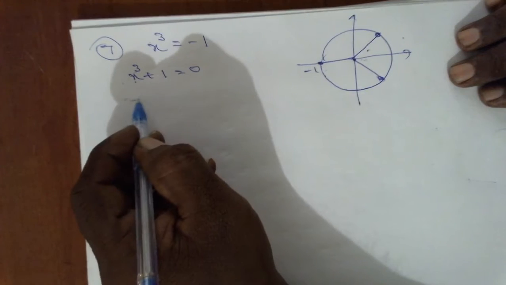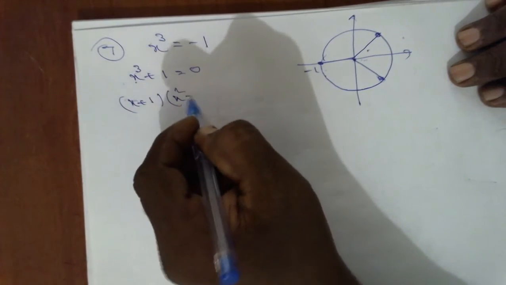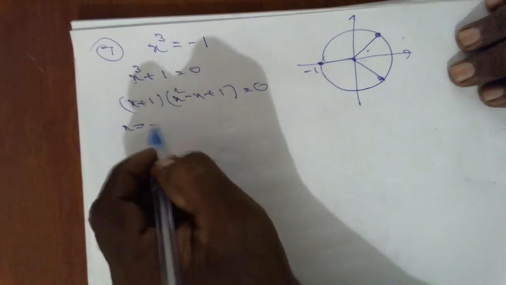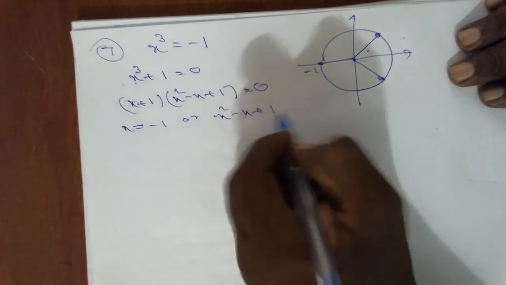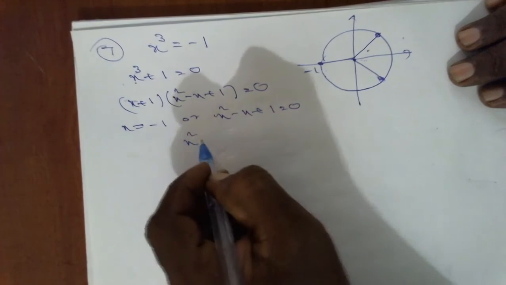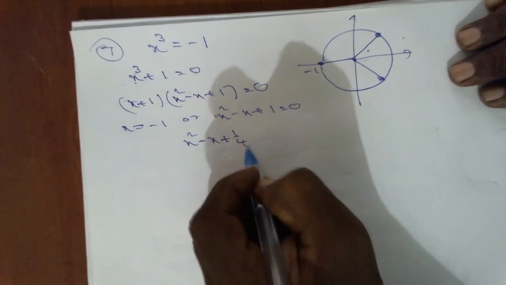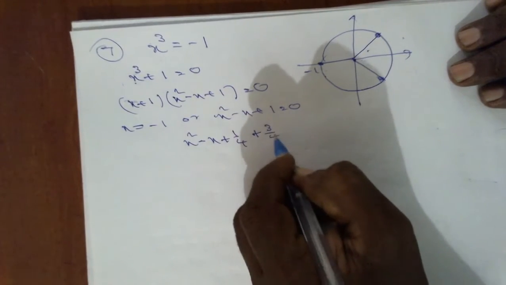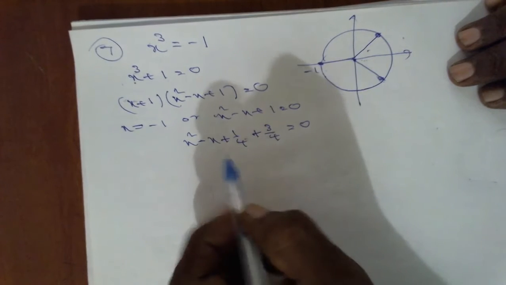Then you can factorize: x plus 1, x squared minus x plus 1 equals 0. x equals minus 1 or x squared minus x plus 1 equals 0. x squared minus x plus 1/4 plus 3/4 equals 0, since 1 can be separated into 1/4 plus 3/4.